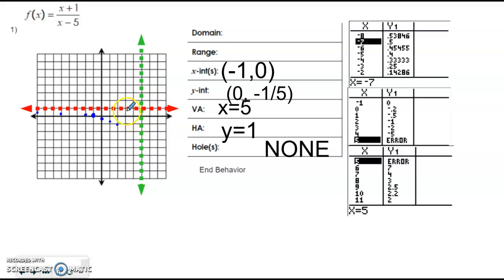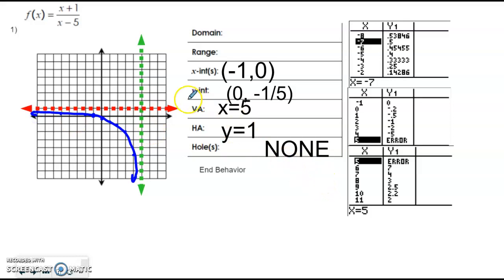If I go to 3, it's going to be negative 2. And then 4, it's going to be at negative 5. So if I look at this side right here, my curve is doing this. That's what my curve looks like on that side.